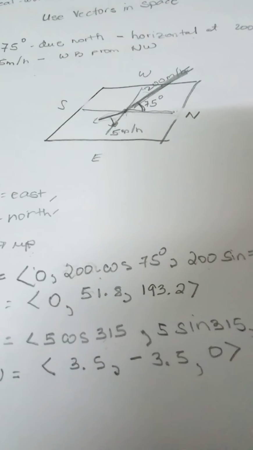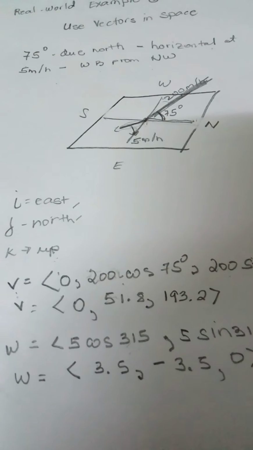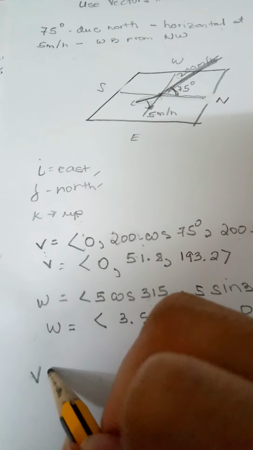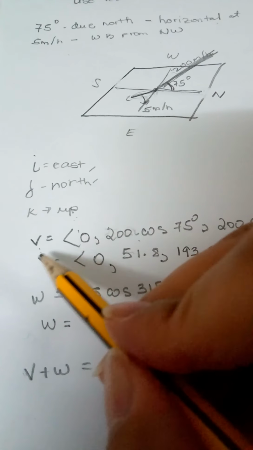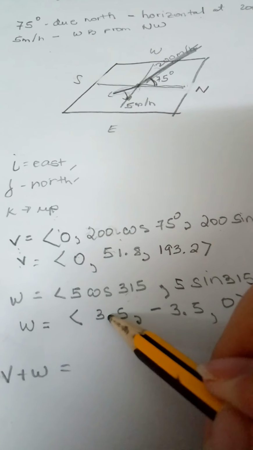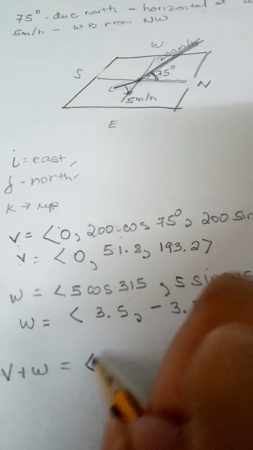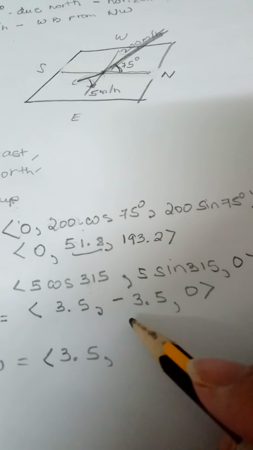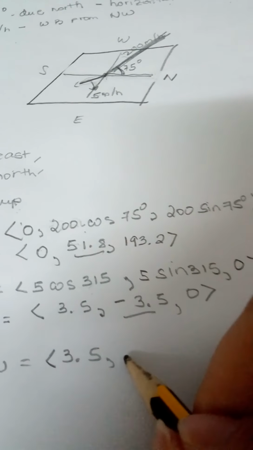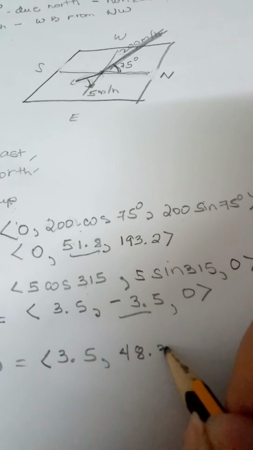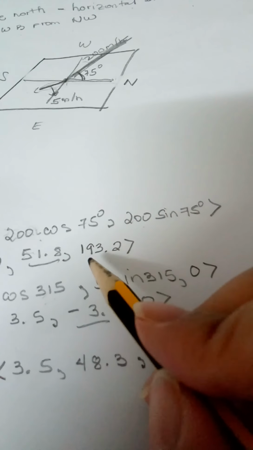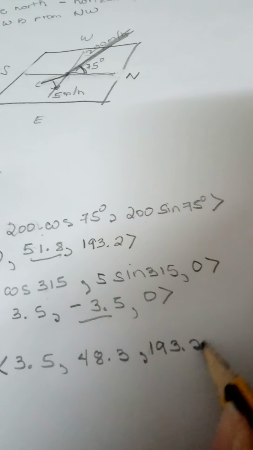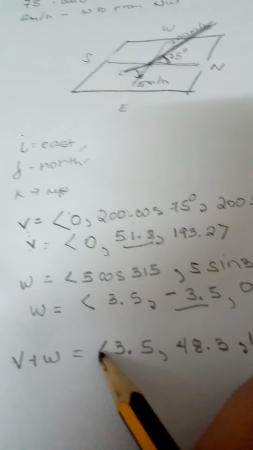Our task is to find the resultant velocity of the rocket. So the resultant velocity is V plus W. 0 plus 3.5 is 3.5, comma, 51.8 plus negative 3.5 is 48.3, and last, 193.2 plus 0 is 193.2. So this is the final answer.